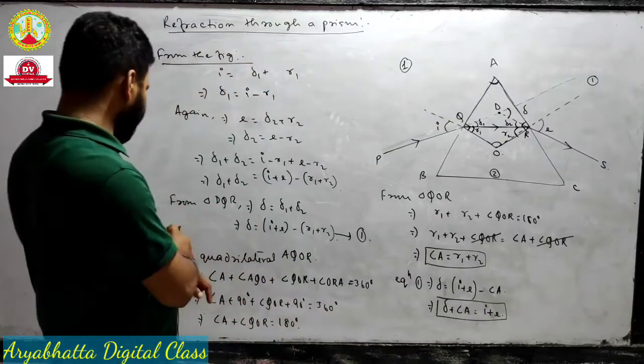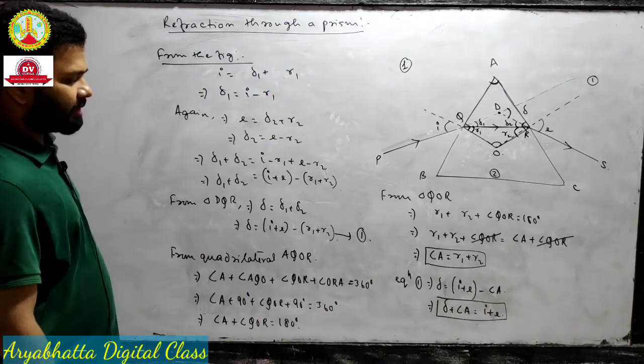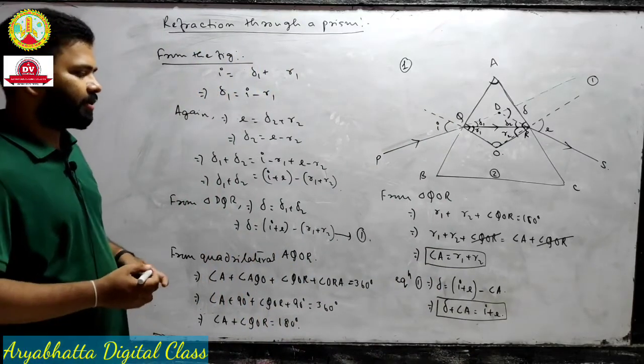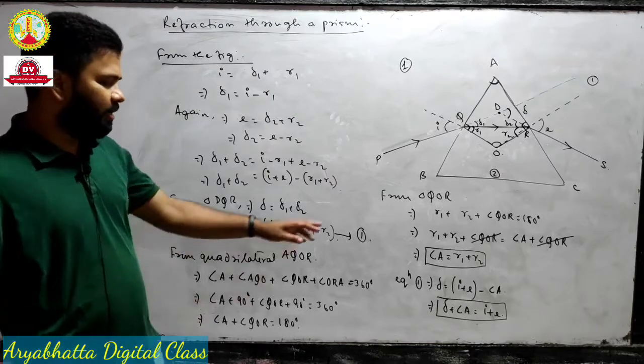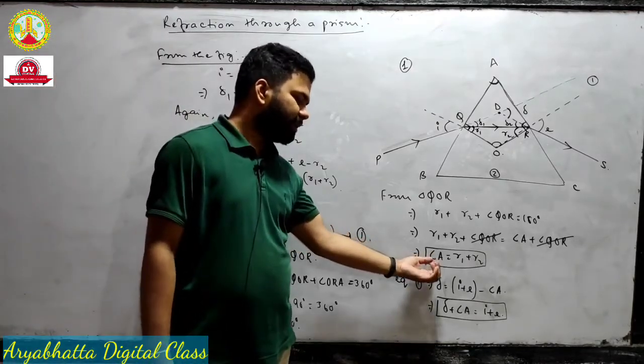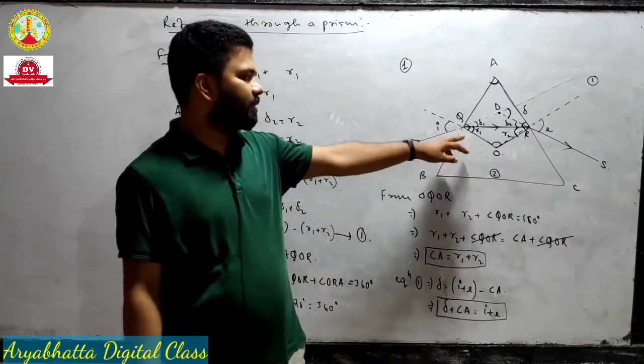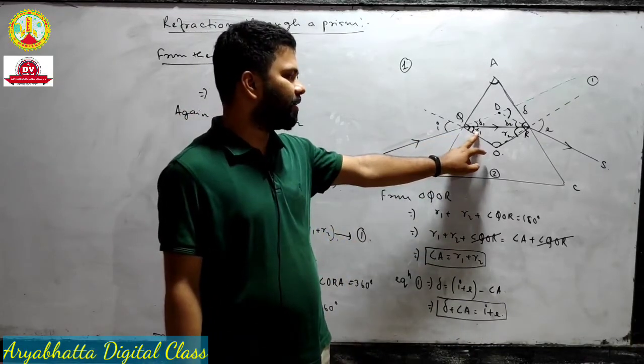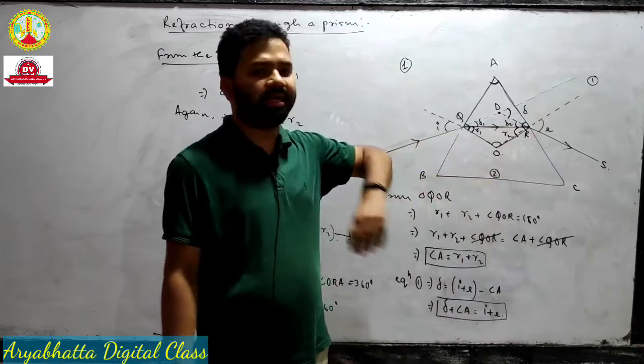Okay, delta plus angle A is equal to I plus E. And from here you also got an important formula that the angle of prism is equal to this angle, that is angle of refraction, plus that angle.